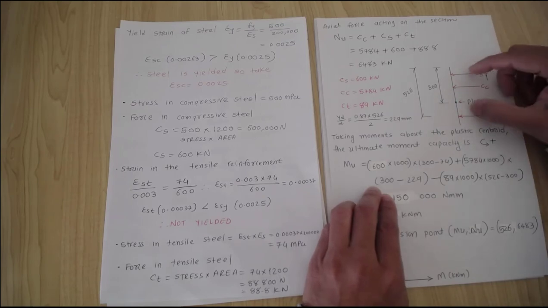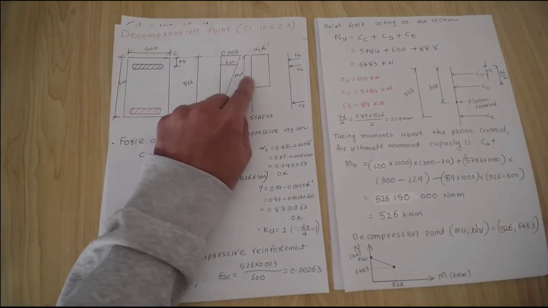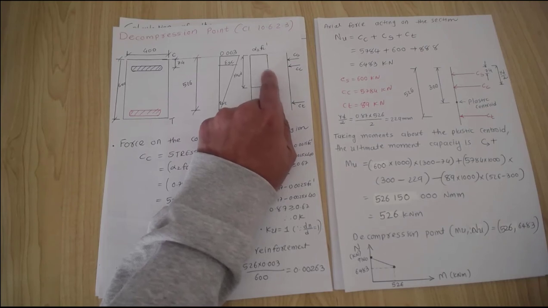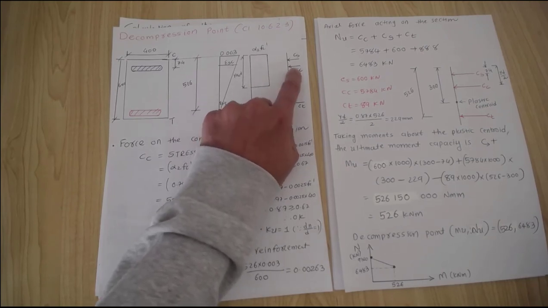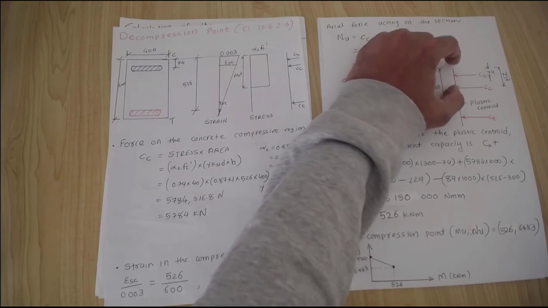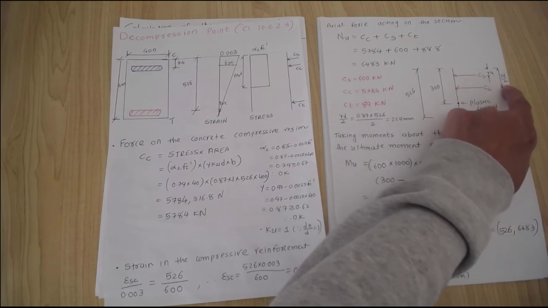Now we know that the stress block that we saw here was gamma KuD and Ku was 1, so gamma D. This force acts in the middle of the stress block, which means the distance from the top of the column to this point will be gamma D over 2.